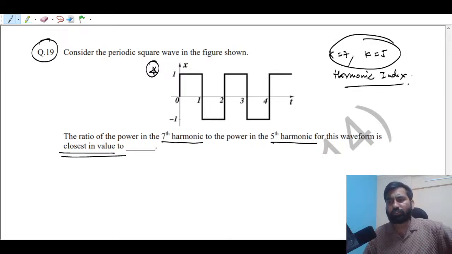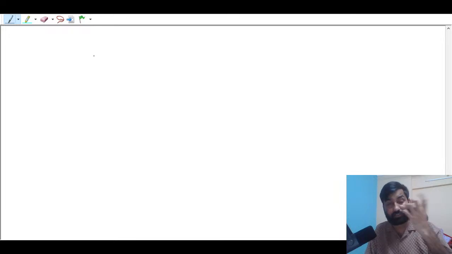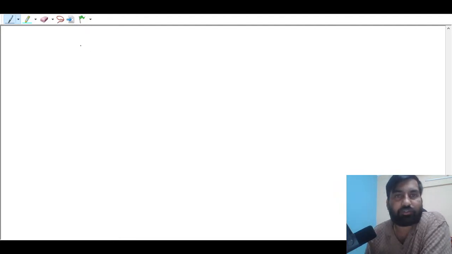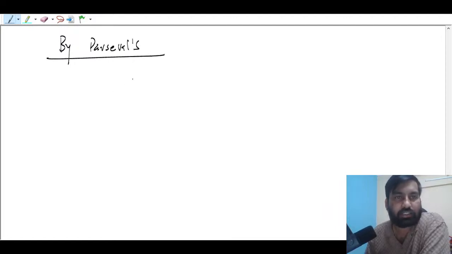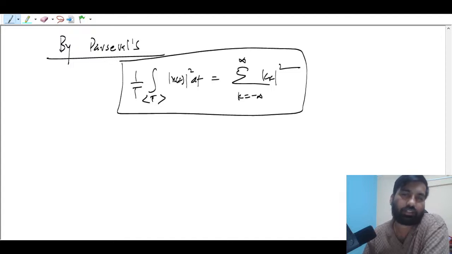And that is power. So you know that if you know the coefficient, what is the relation, guys? If you know the coefficient, you can find out the power by using the Parseval relation. So by Parseval's relation, what Parseval says is that over the period, the power in the time domain will be equal to the sum of the squared coefficients, okay, which gives the power, right?